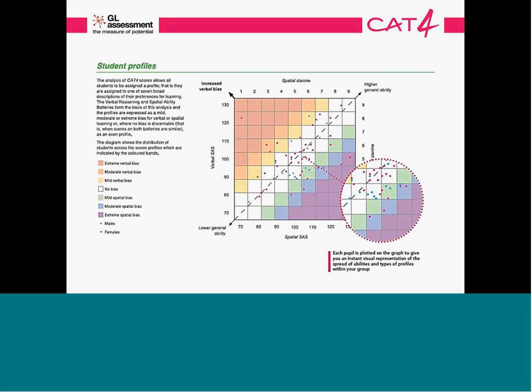It also tells you another thing at the same time, and that is generalized ability levels. The more a student is towards the bottom left, the lower their generalized ability scores, and the more towards the top right, the higher. So always when we're looking at relative differences in terms of their bias, we shouldn't forget these may not always be made manifest depending on their individual generalized level of ability.